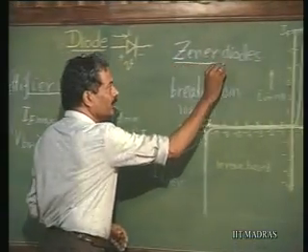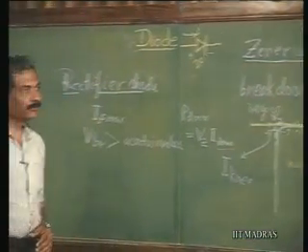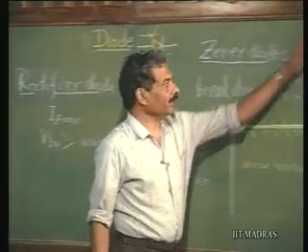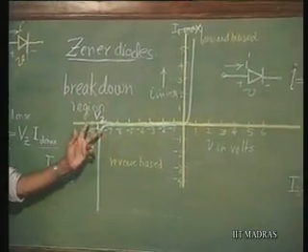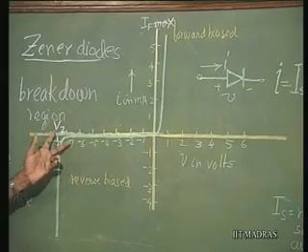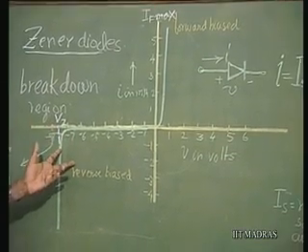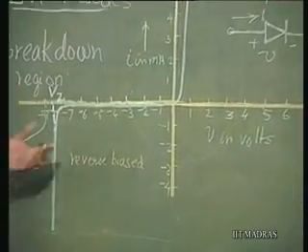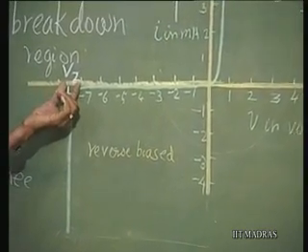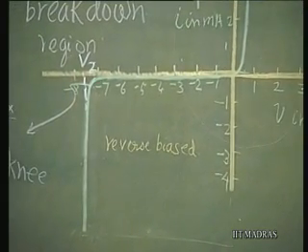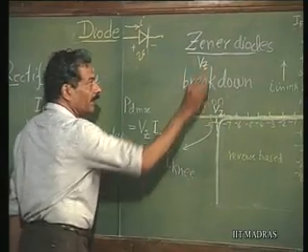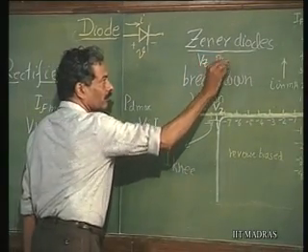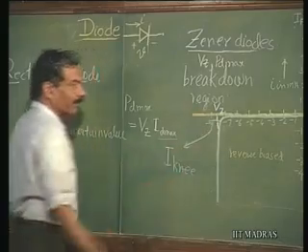Then Zener diode, as I told you, it is not going to be operated here, but it is going to be operated in this region of breakdown. So, this breakdown voltage is very important. This should be of a specific value with a certain tolerance here, Vz. So, it is going to have a certain Vz and PD max that I mentioned about.